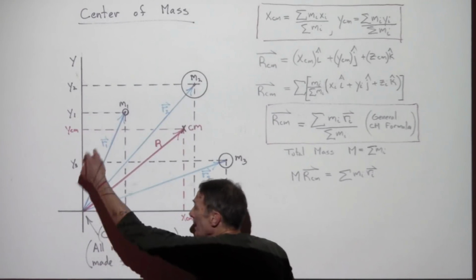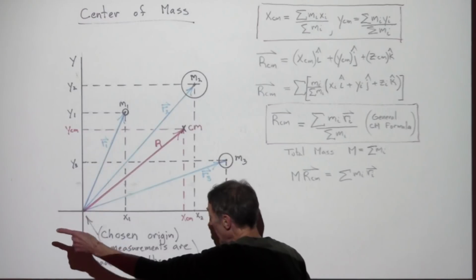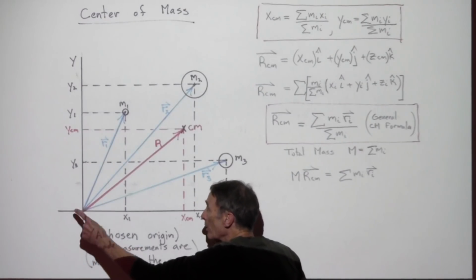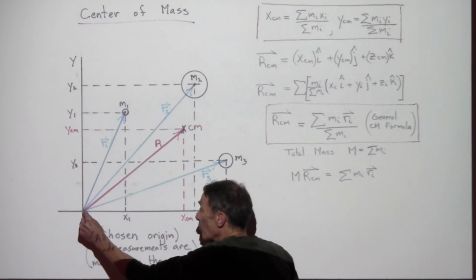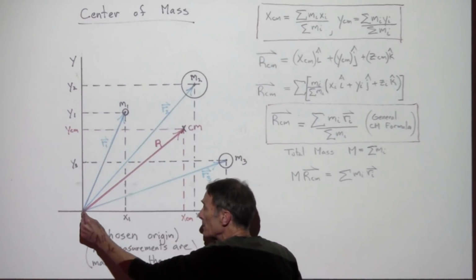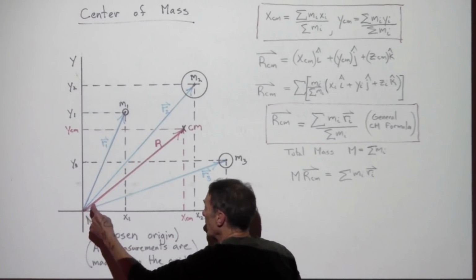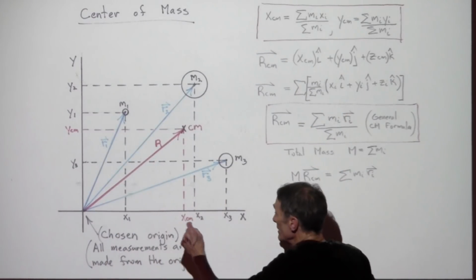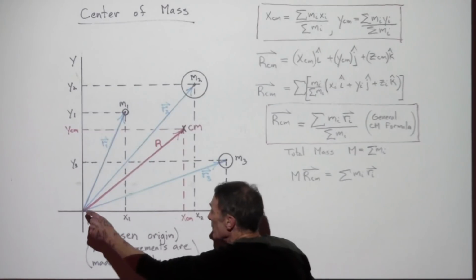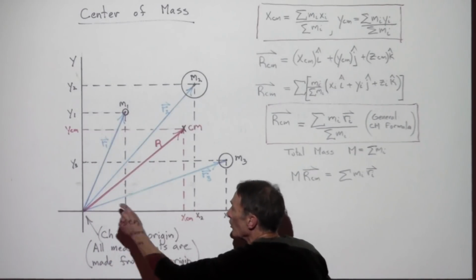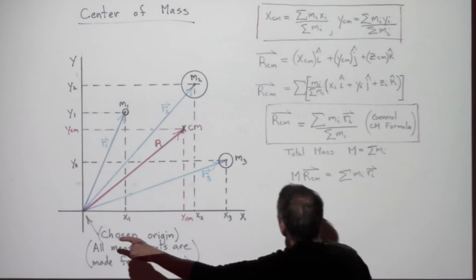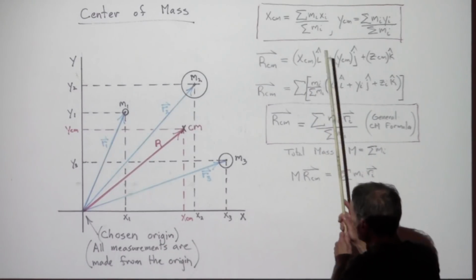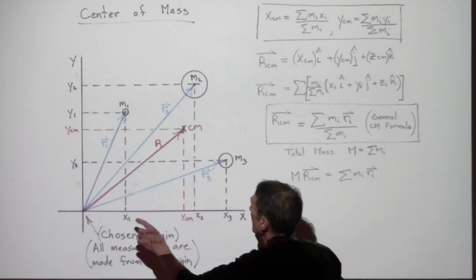So if you have an x and a y axis, you just say, this is my origin, and you have that choice of where you want to measure from, and we'd make all our measurements from this point, and our final conclusion for the x center of mass, the y center of mass, and the z center of mass is going to be all measured relative to that chosen origin. So hopefully you've got this idea a bit.